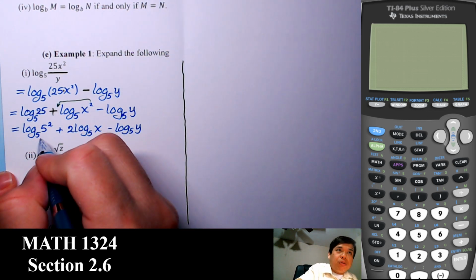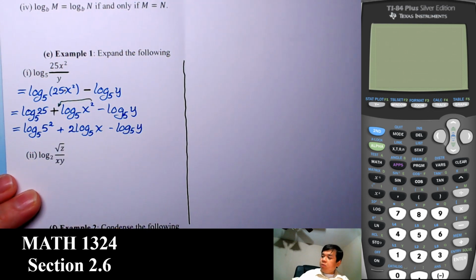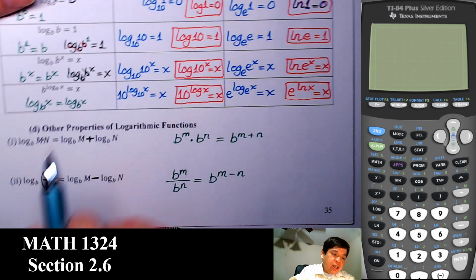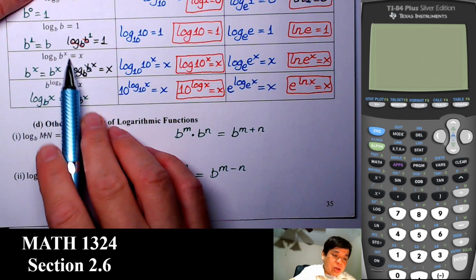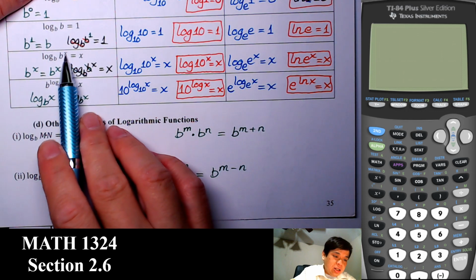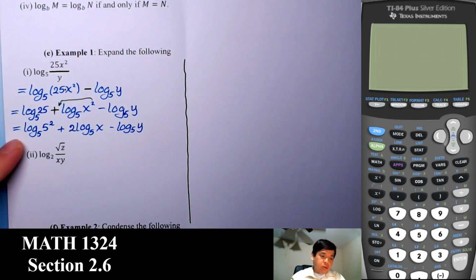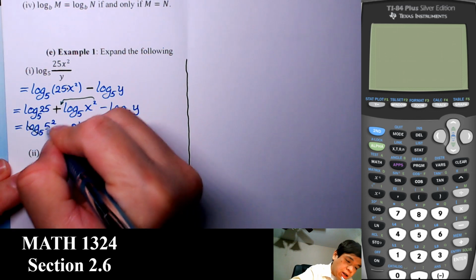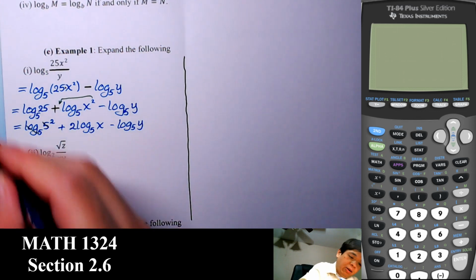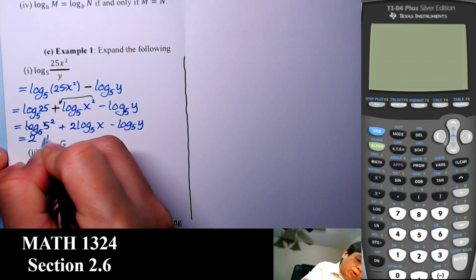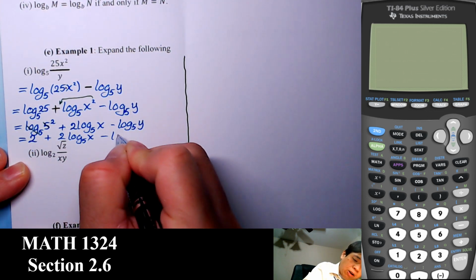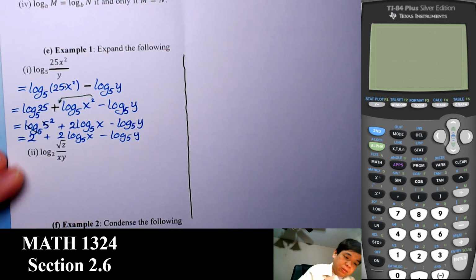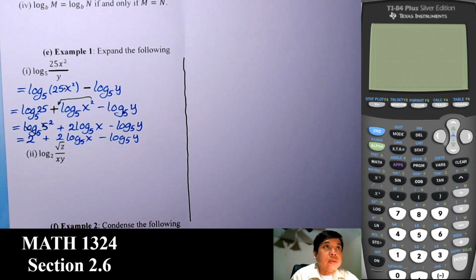Now, log base 5 of 5 squared. Now we take advantage of the properties that we have here. Logs and exponentials of the same base just cancel out. We're left with the exponent there. So log base 5 of 5 squared is just going to cancel out. And we're left with 2 plus 2 log base 5 of x minus log base 5 of y. Right. So that's what we have.